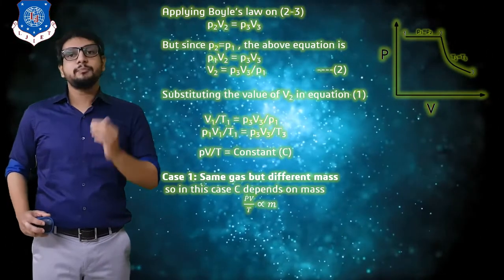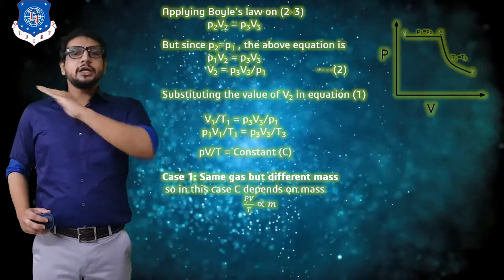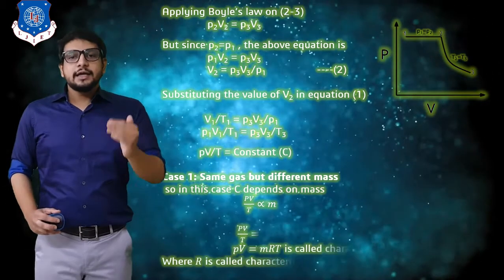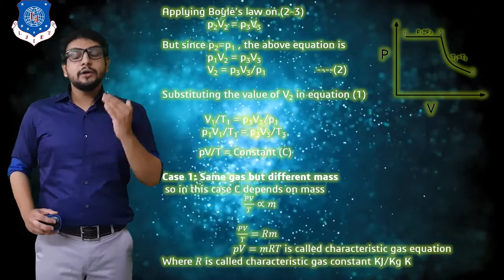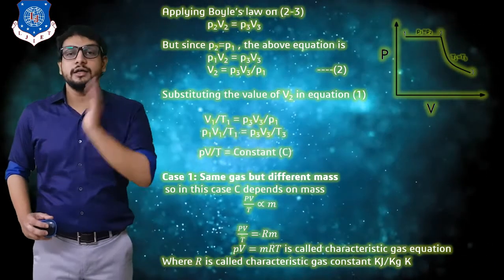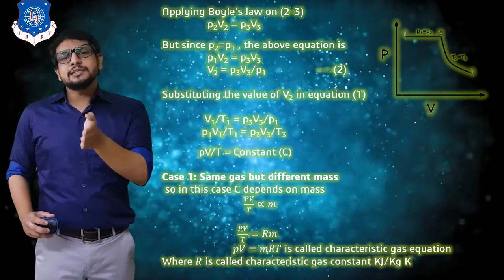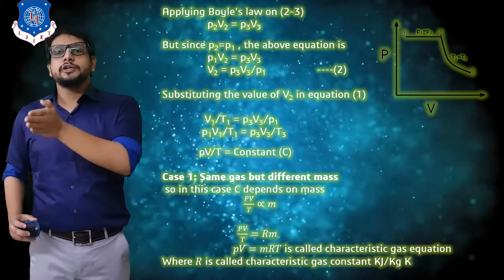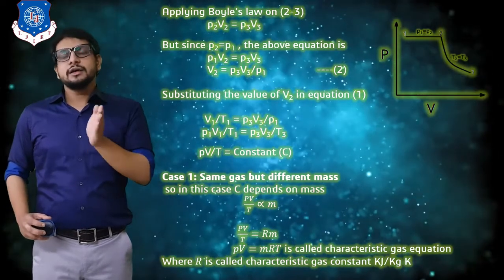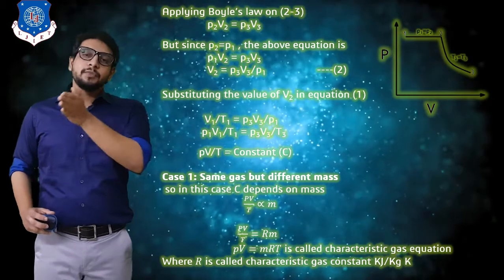So I have written here PV by T is proportional to M. Now, replacing the proportionality by another constant, let's say that constant is capital R, we get the equation PV is equal to MRT. This equation is named the characteristic gas equation, and the constant capital R is called the characteristic gas constant, whose unit will be kilojoule per kg Kelvin.